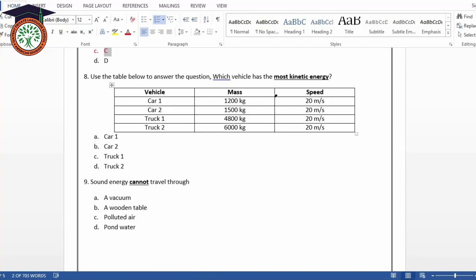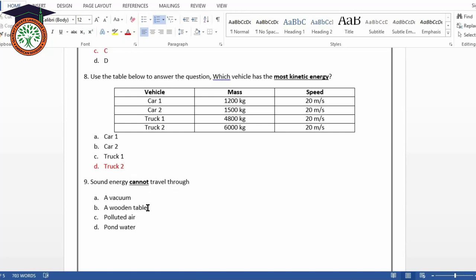The higher the speed or mass, the higher the kinetic energy. As we can see here, we have the same speed for the 4 vehicles, but only the masses change. So we will search for the highest one, which is, yes, 6,000 kilograms. So this will be truck number 2. Excellent. So this is the answer.